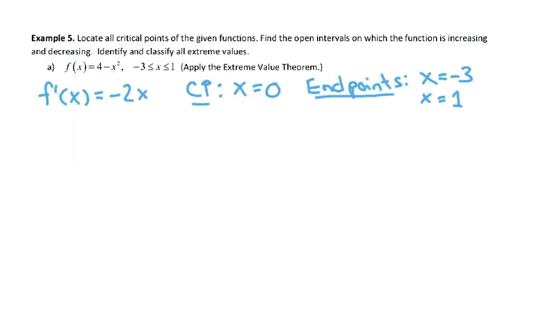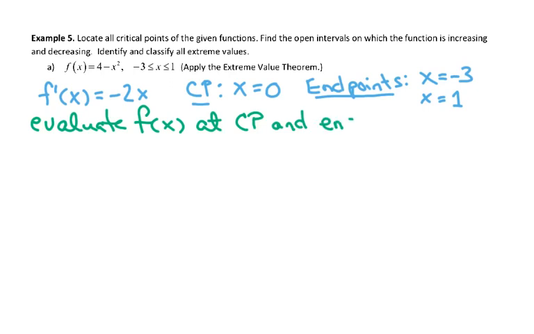So what do I mean by check? Evaluate the original function at the critical points and endpoints. The highest value will be our absolute max. The lowest value will be our absolute min.